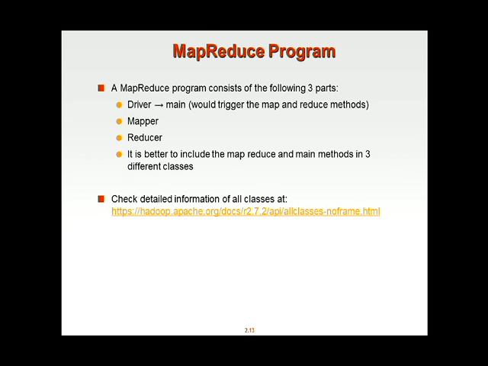It is better to put the map, reduce, and main methods in 3 different classes for larger jobs. But for the word count program, you can write them in a single file because it is not very huge. You can check detailed information for all the classes at this web page. It gives you a lot more information about them.